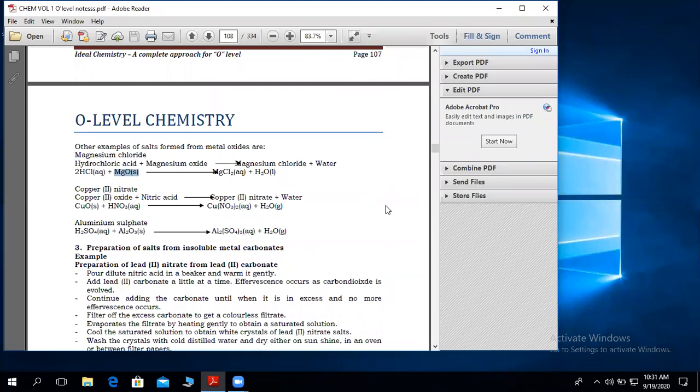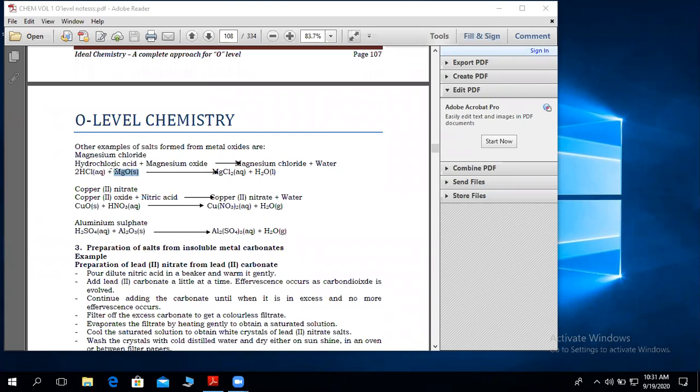So we can specify in our question and say, explain how magnesium chloride crystals can be prepared from magnesium metal, because magnesium can displace hydrogen. That reaction is possible from magnesium metal. So when you are preparing magnesium chloride, automatically the acid you will use is hydrochloric acid.